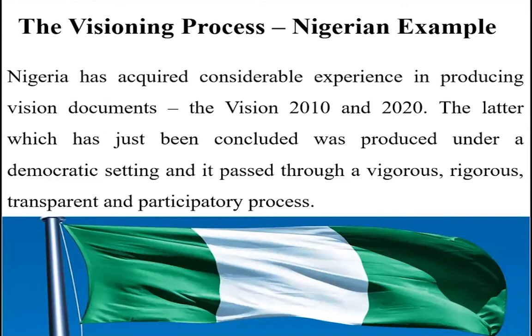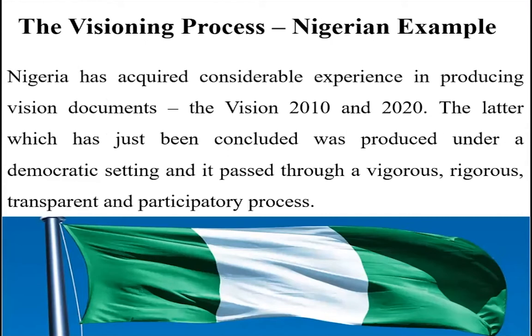Now, let us give an example of a visioning process. I'll quickly look at the Nigeria example and the Gambia example, because in the last plan, 2018-2021, there's actually a visioning process that is behind that particular medium-term plan that the Gambia put together.